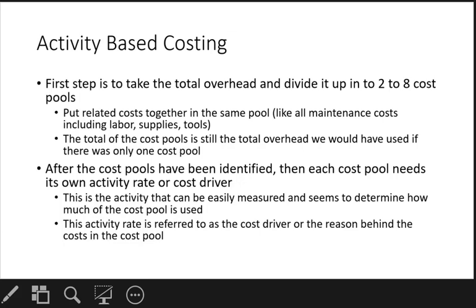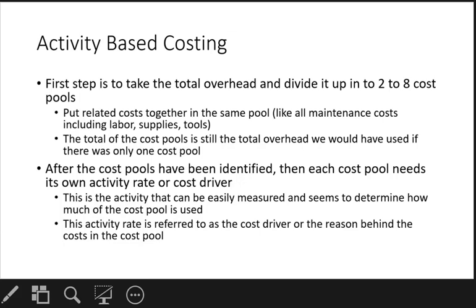So rather than looking at overhead as one big thing, we're looking at separate overhead functions like maintenance, like shipping and receiving. All right. So rather than lumping those two together, we're now separating them into cost pools.